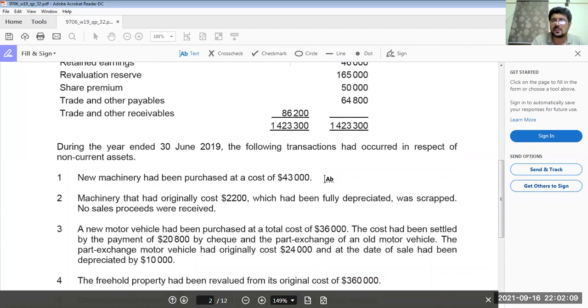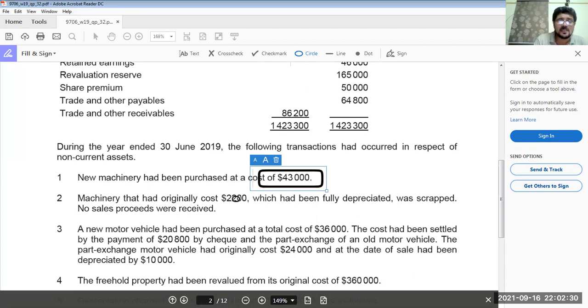Now changes. New machinery had been purchased for 43,000, minus 43,000, because this machinery was purchased during the year. So it is going to be deducted. Machinery that had originally cost 2,200, which had been fully depreciated, was scrapped.